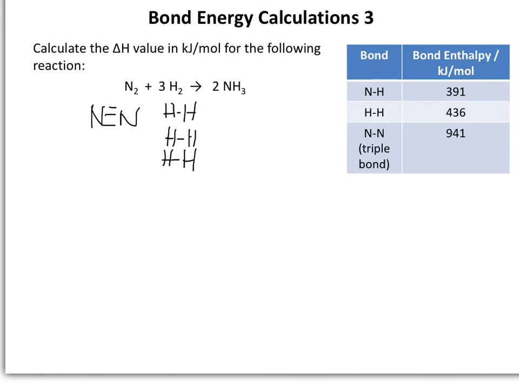And they form 2 ammonias. So here we got NH3 like so. Maybe now is a good time to pause it and try the calculation.